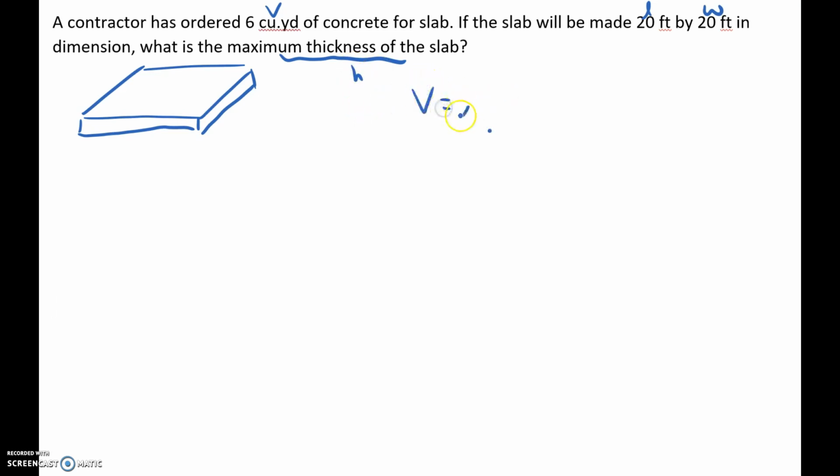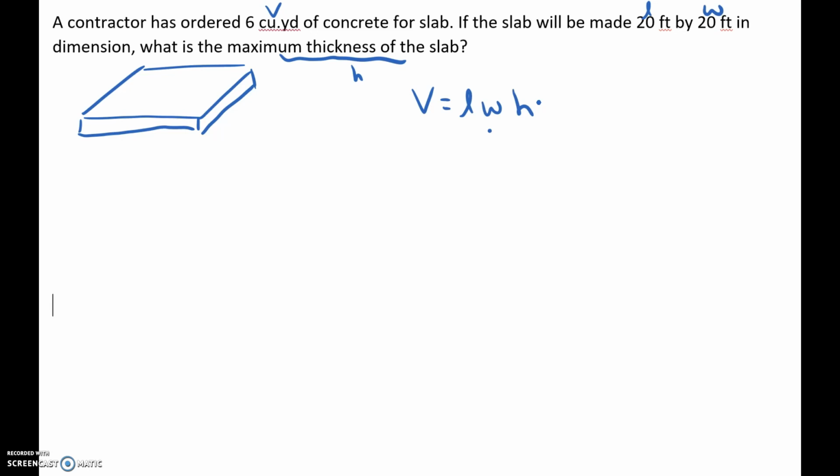Volume is equal to length times width times height. The added difficulty in this question is that our measurements are all done in different units. In order to substitute into our equation, we need to convert them so that they are in a common unit.